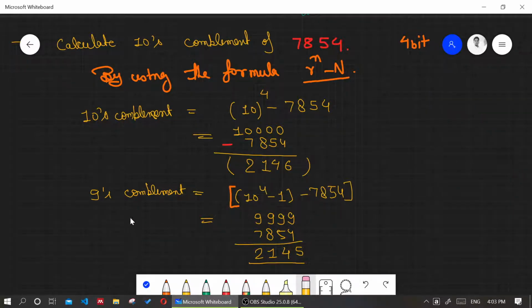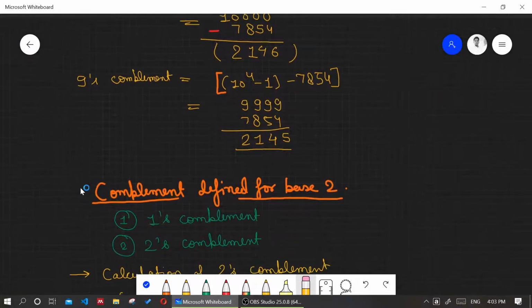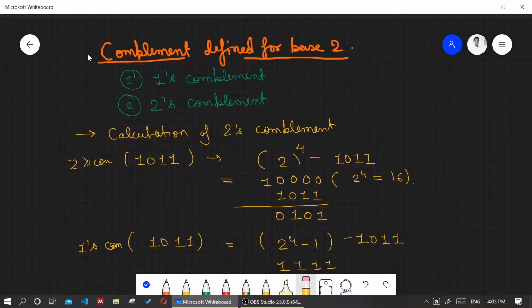Now let's see the complements for base 2. We have two complements defined for a base 2 number, ones complement and twos complement. First we will see how to calculate the twos complement. The number is given as 1011. This is a 4-bit number. So we take the base raised to the power 4 minus 1011.